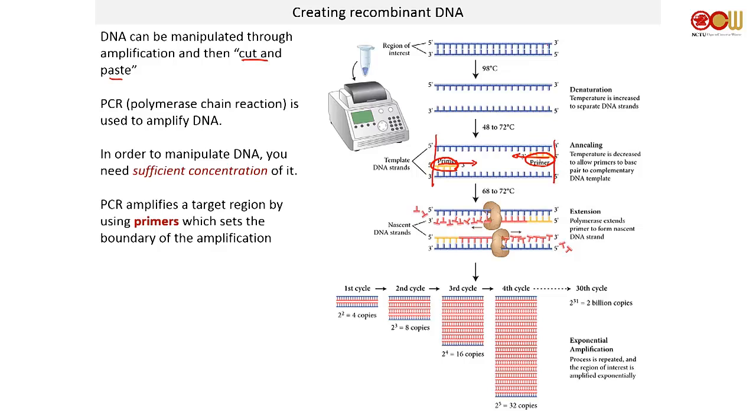I would take my template DNA. This template DNA could be from whatever organism's DNA that you isolate. You isolate their DNA, and I know this is the chunk that I want to amplify. Of course, before you can amplify it, you need to know the sequence.